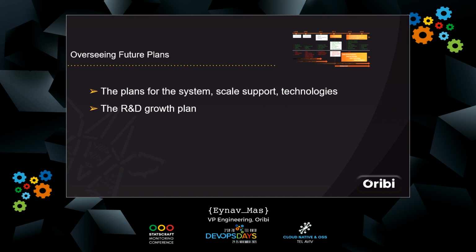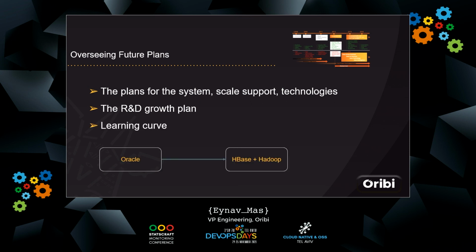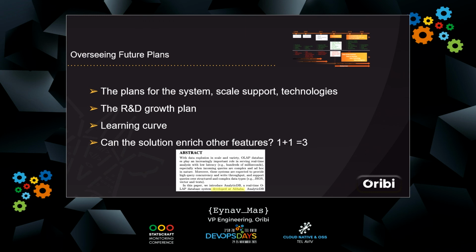Who should implement that in the future? Do we need to hire people? Do we have the right people to handle that? Do we need more DevOps? Are our DevOps aware of this major change? Learning curve. Okay, remember, moving from Oracle to HBase and Hadoop, even if it's the most great solution, it might not be a good fit for your engineering group.